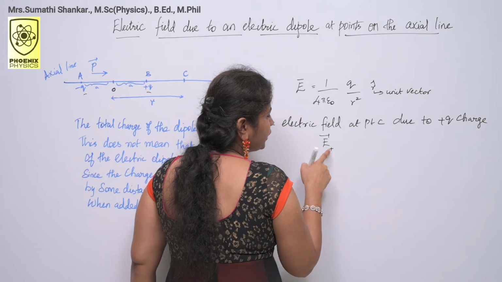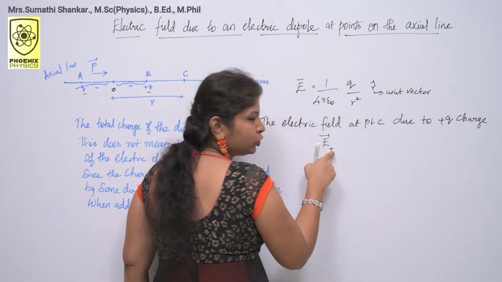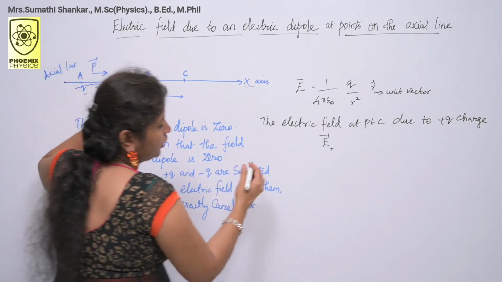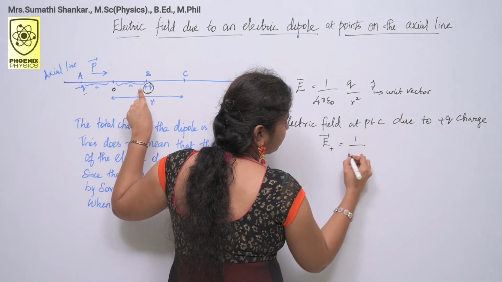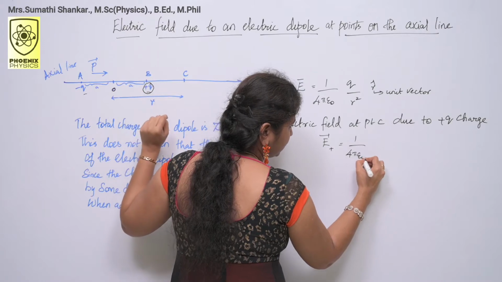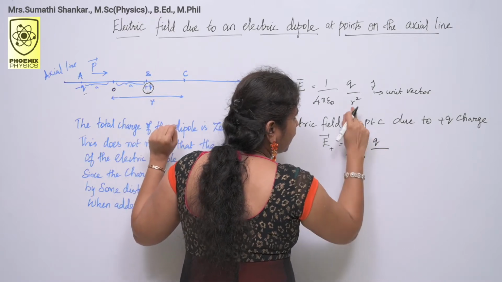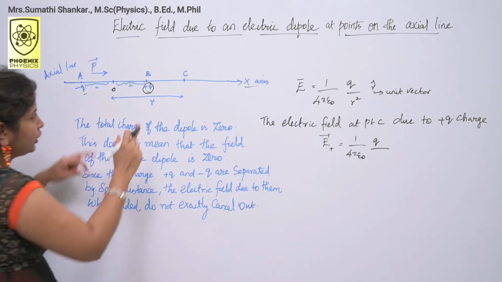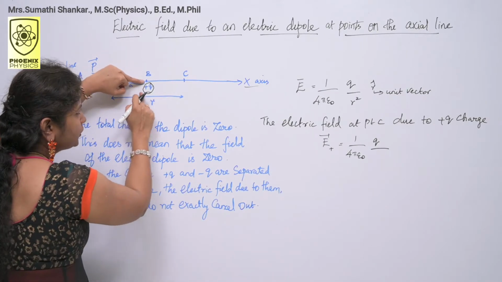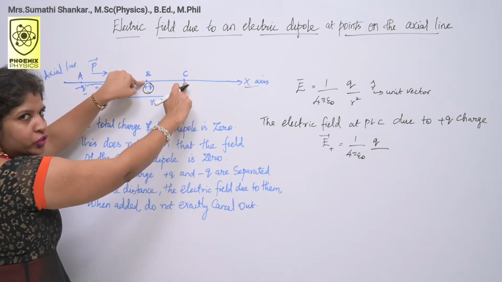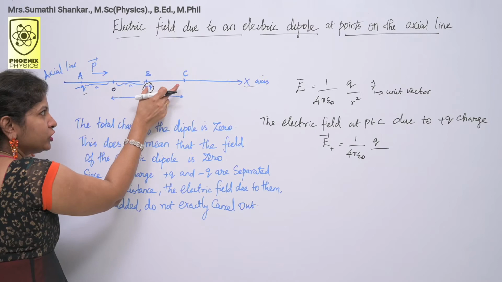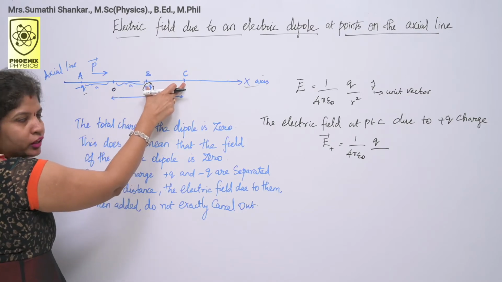E plus means electric field due to plus Q charge, which is nothing but 1 by 4 pi epsilon naught Q by r square. Here r is nothing but the distance between the two charges. Here I am considering one of the positive charges and the point C. So you have to calculate the distance between the positive charge and the point C.